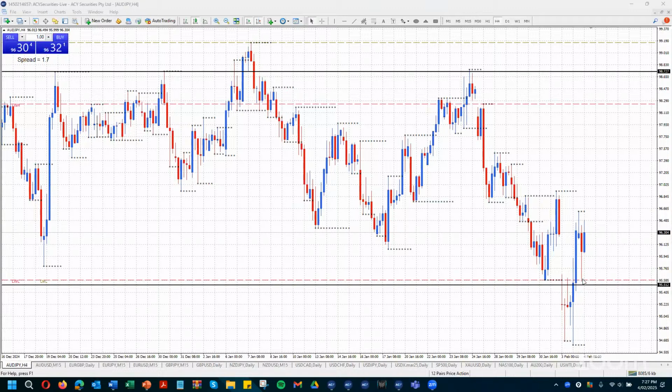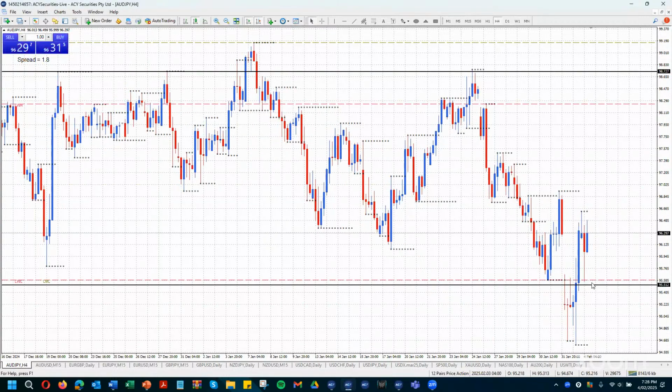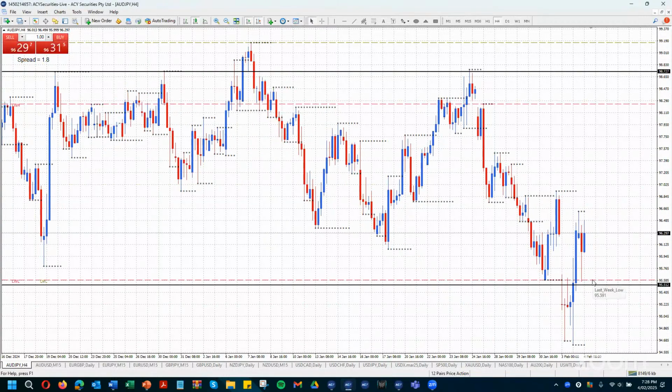Already put in the higher bottom, so now life's a little bit difficult. But any revisit to last week's low, 95.59 down to 95.51 support. That's also last month's low and last week's low there, 95.59. One of my lessons I did last month was the monthly highs and lows.